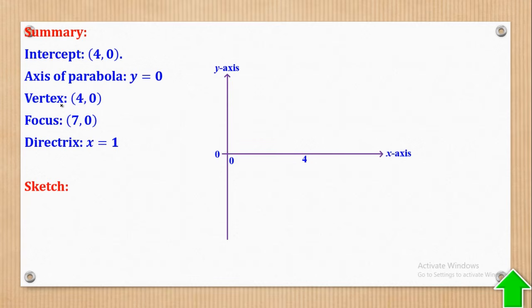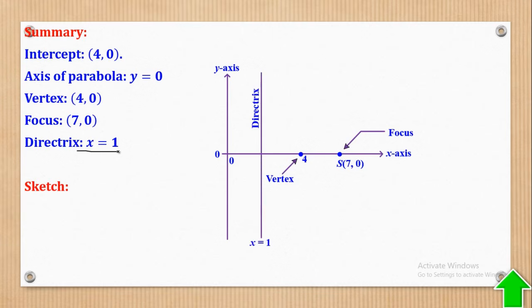Then next is the vertex, which is also (4, 0). So you come and say that this is our vertex. Then next is the focus, which is (7, 0), so you put our focus there. Then next is the directrix, which is x equal to 1. So you draw a line x equal to 1 and call it our directrix.